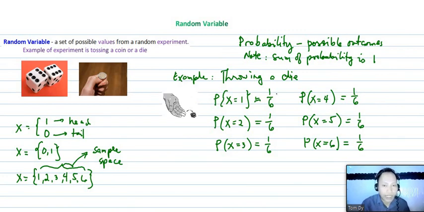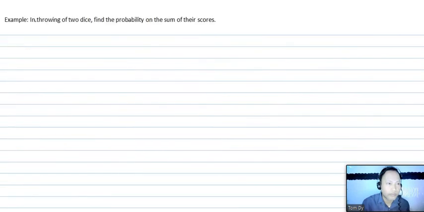So these are the probabilities of throwing a die. We have here another example. In throwing 2 dice, find the probability of the sum of their scores. So we have our 2 dice, and we throw this one.